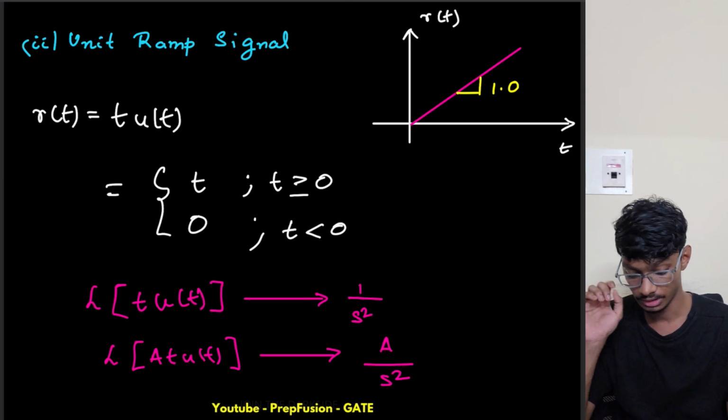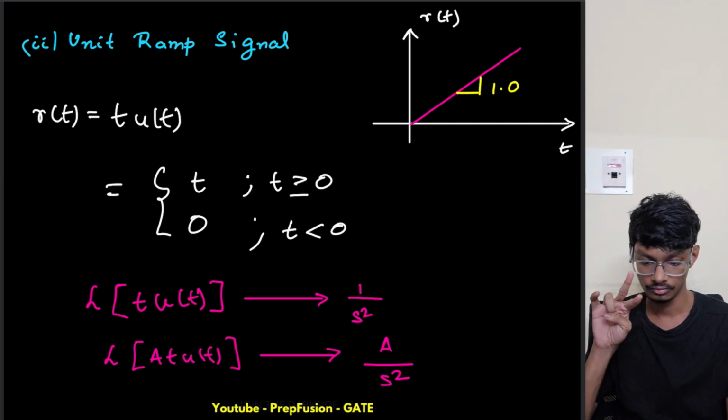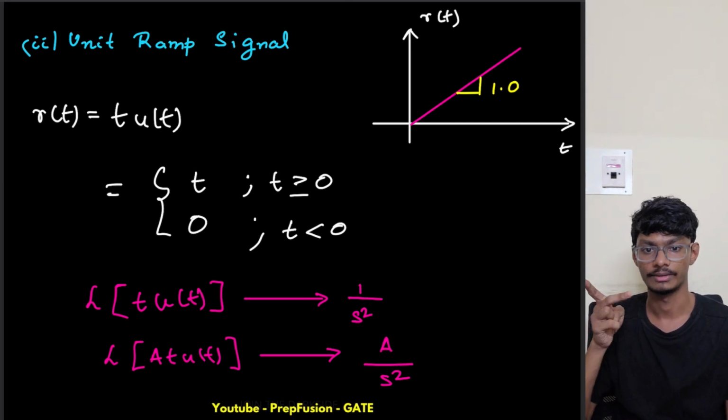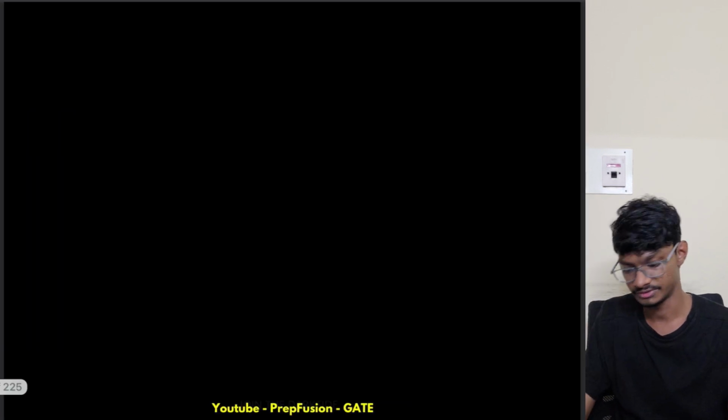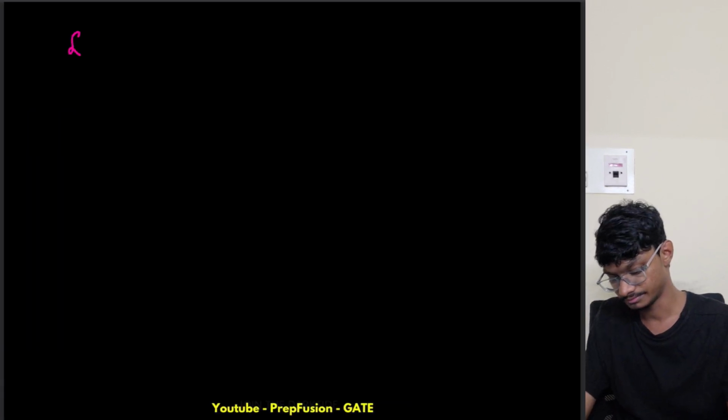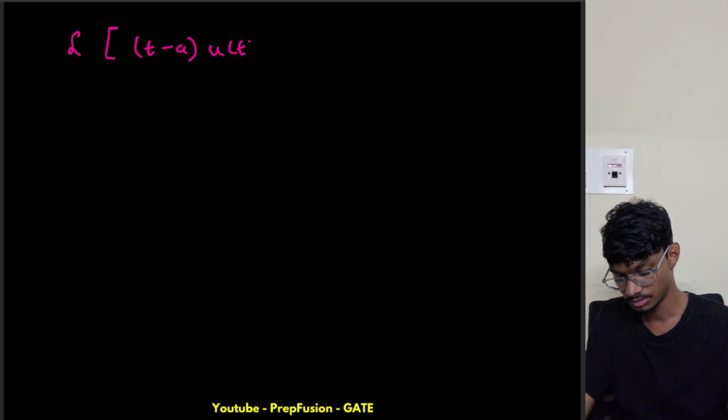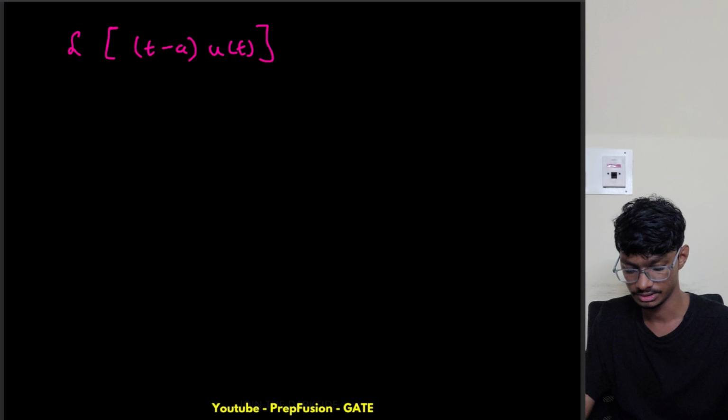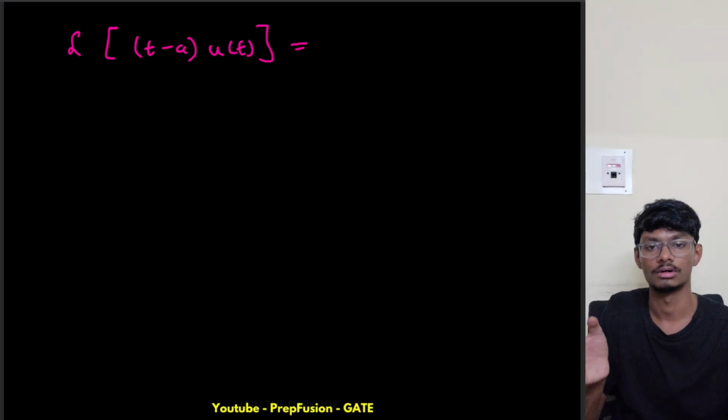Also, one important thing to note here is the time shift this time. If I do time shifting, let's say t minus a times u of t, what will be the result?